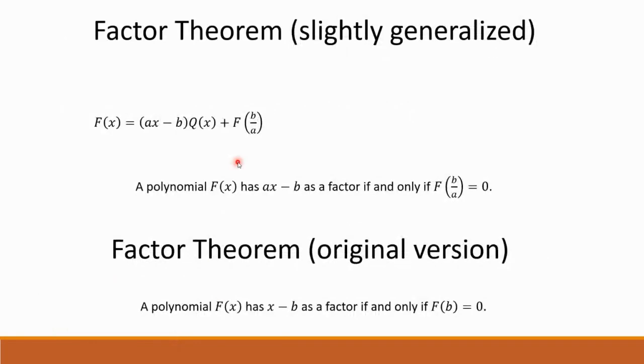Because this tells us that capital F of x has a times x minus b as a factor if and only if the remainder is 0. But since we know what the remainder is, it's going to be a factor if and only if F of b over a is 0.